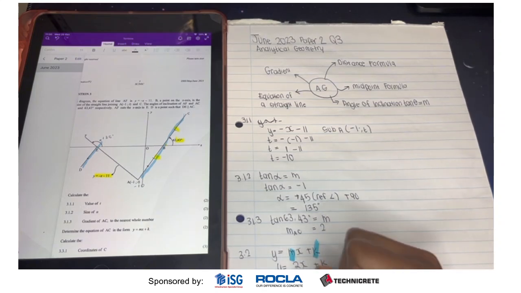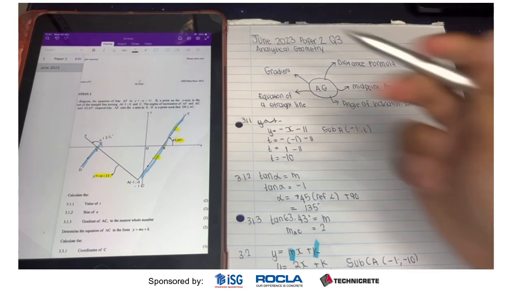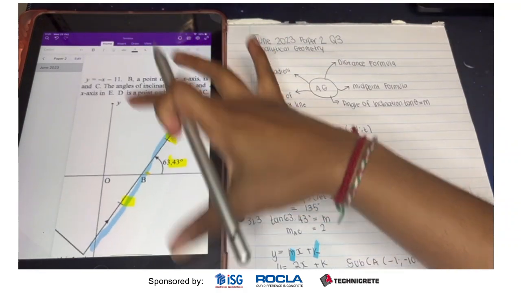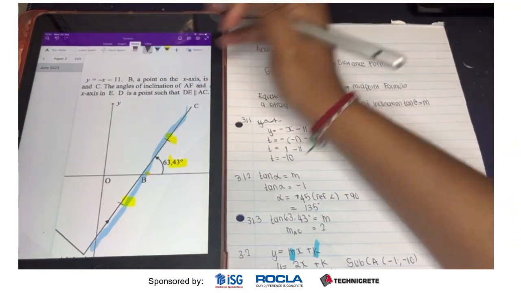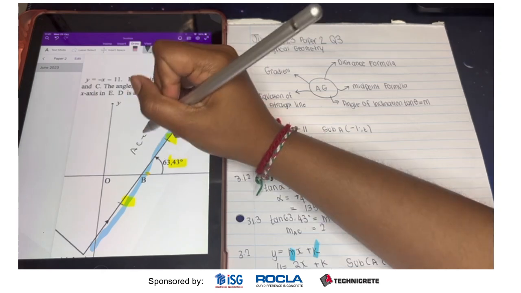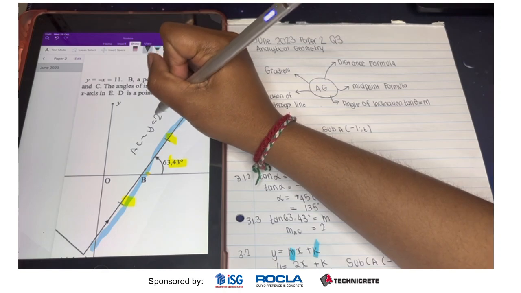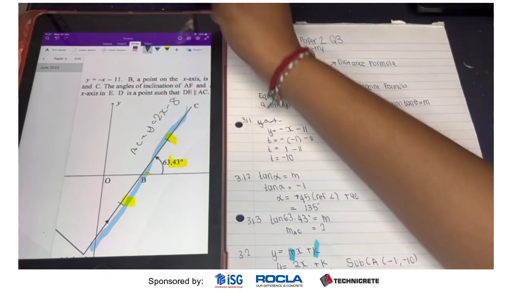K will therefore be equal to negative 8. So my equation is y is equal to 2x minus 8. And that is the equation of AC. So let me go and fill that in here. Y is equal to 2x minus 8.